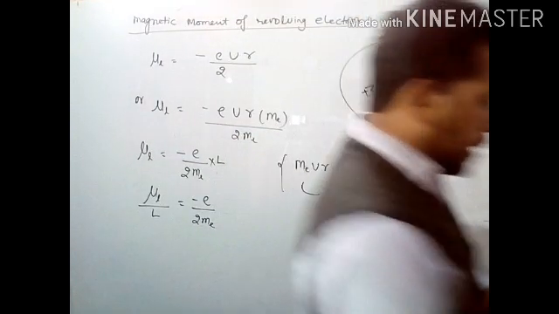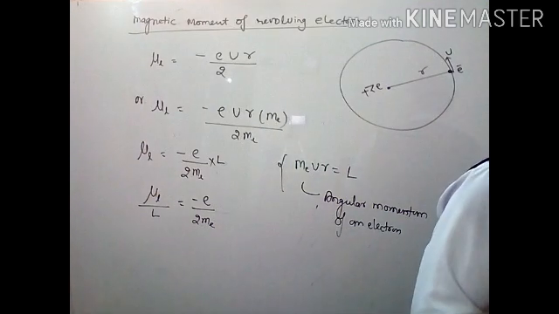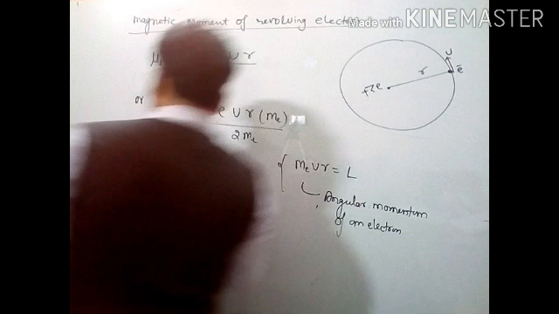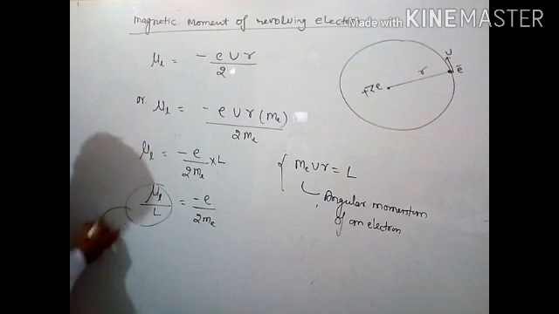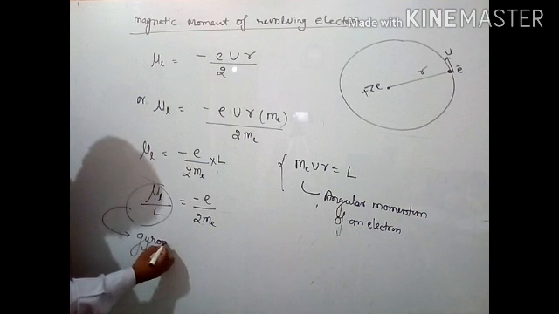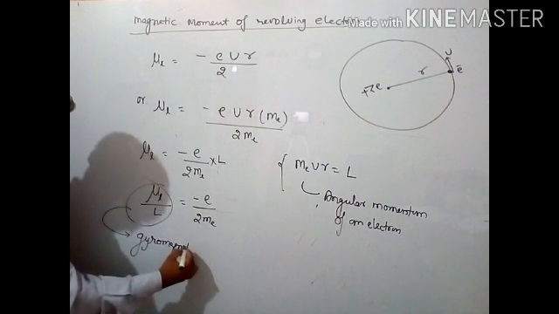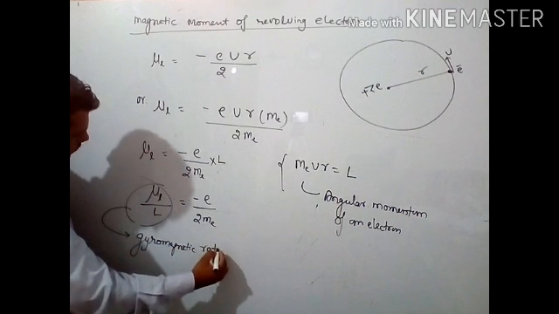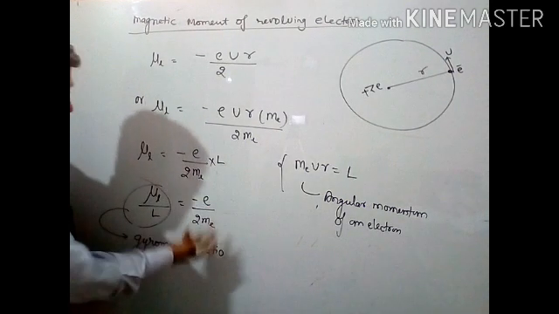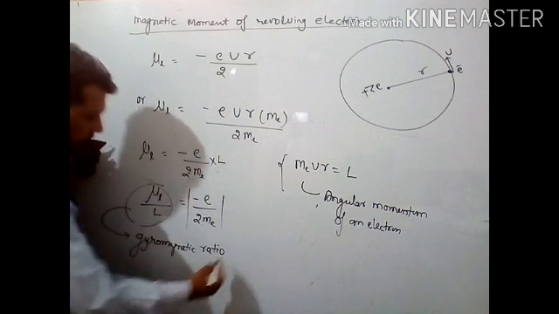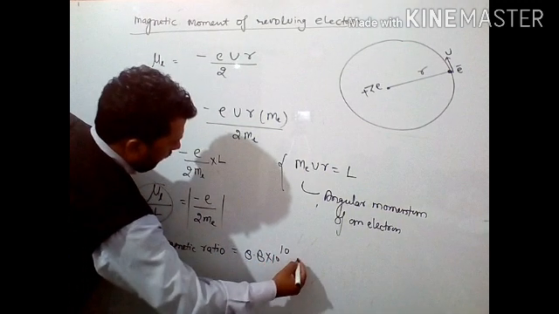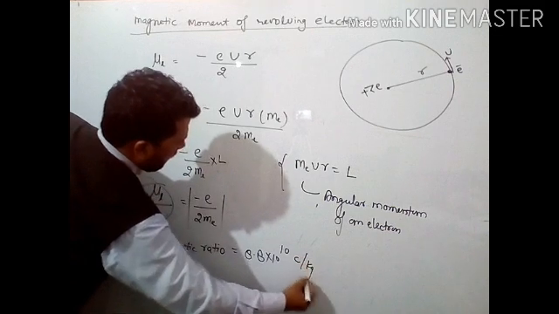This is also known as the gyromagnetic ratio. It is the ratio of charge and mass, so its magnitude is equal to 8.8 into 10 power 10 coulomb per kg.